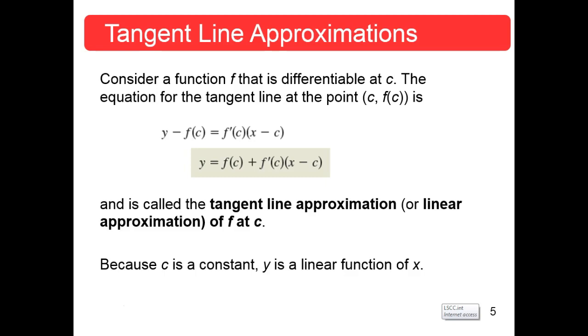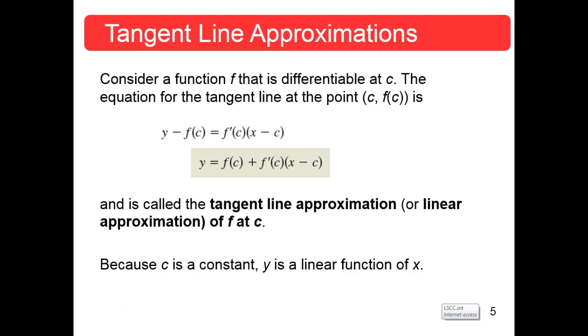Consider a function f that is differentiable at c. We know it has a derivative at c. Then the equation for the tangent line at that point c would be, well, we know the x value, x1, and the y value, y1. And we know the slope, if it's differentiable. So by the point slope formula, you have y minus y1 is equal to f prime at c, which is your derivative, that's the slope at c, times x minus c.